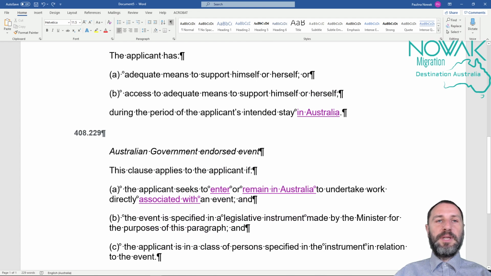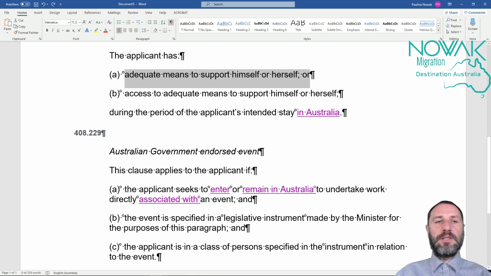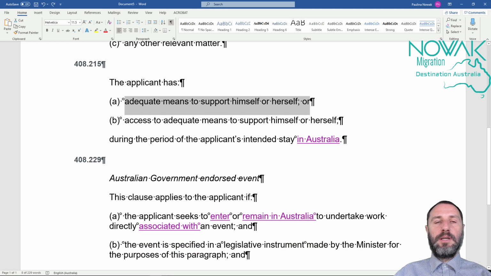Another one: the applicant has adequate means to support himself or herself, or access to adequate means to support himself or herself during the period of the applicant's intended stay in Australia. So that's another requirement for the 408 visa.